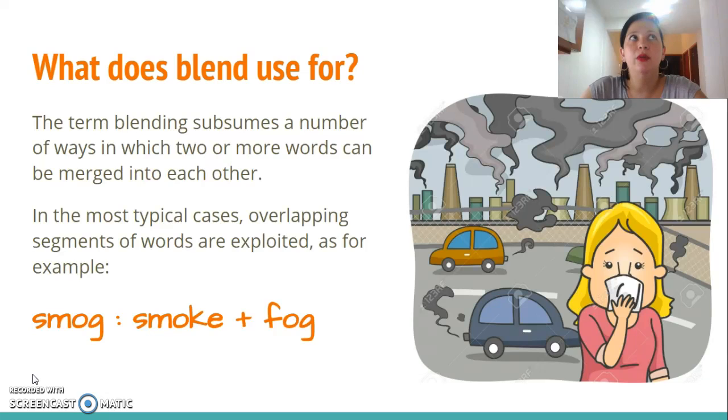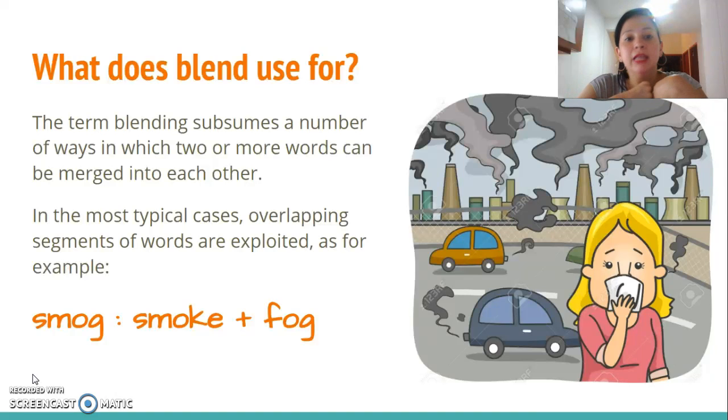So the thing is that we can put two words and mix them, or put two words and let them keep their full forms. But we can create another real word that can have a stronger or a different meaning than the two words we put together.